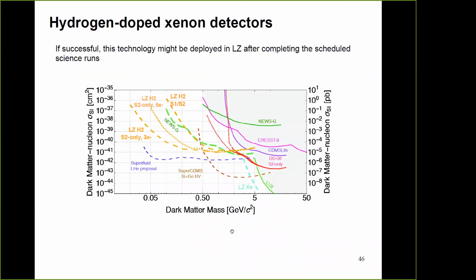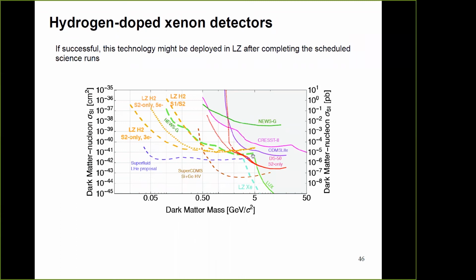And in fact, this is the sensitivity. So again, this is R&D. This is just studies ongoing. And we can see here the sensitivity. Again, the horizontal axis is the mass of that matter. We can see here limits of conventional searches at 5 GeV.